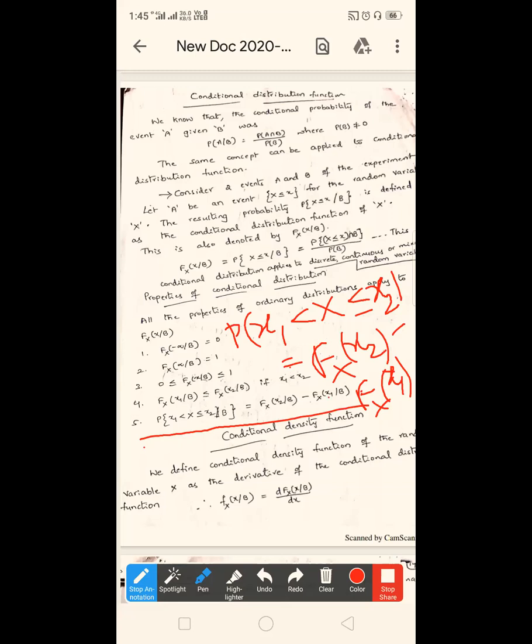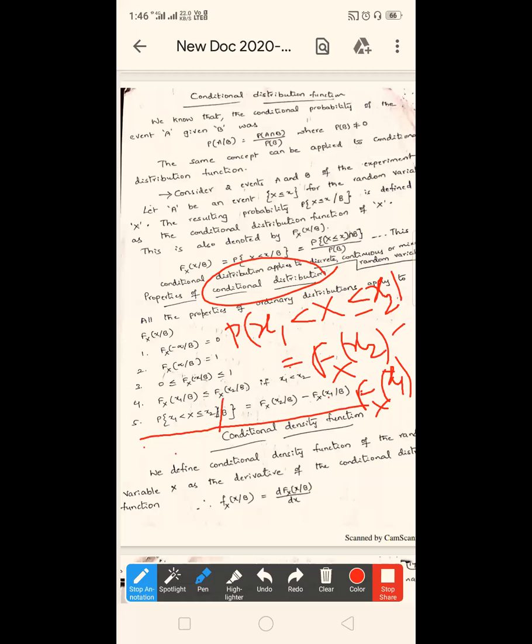But the same property can be applied to the conditional distribution also. How can we apply the same property to the conditional distribution function? You have to write given b. So given b, you have to write on the left hand side. On the right hand side also, Fx of x2 given b minus Fx of x1 given b. You have to write given b.